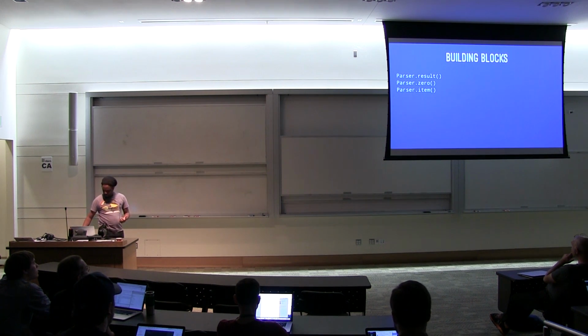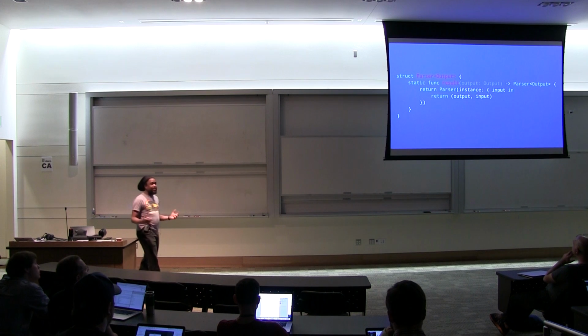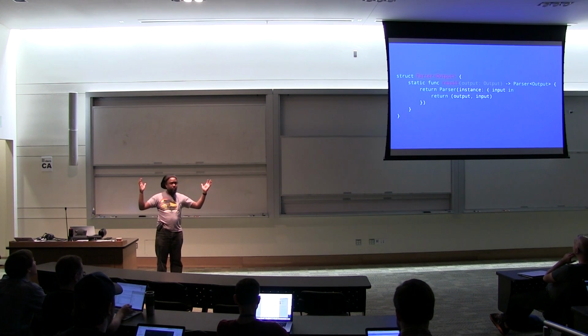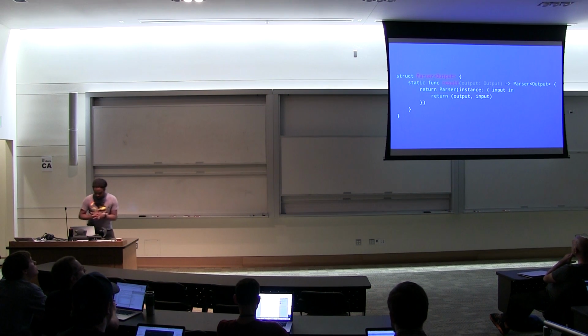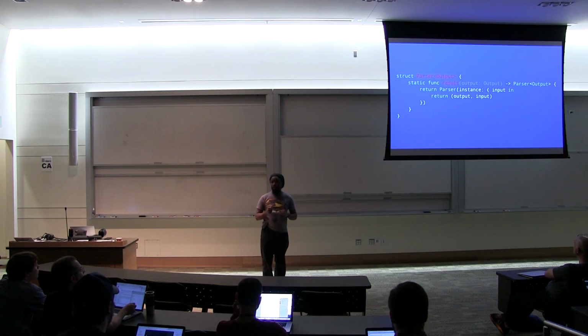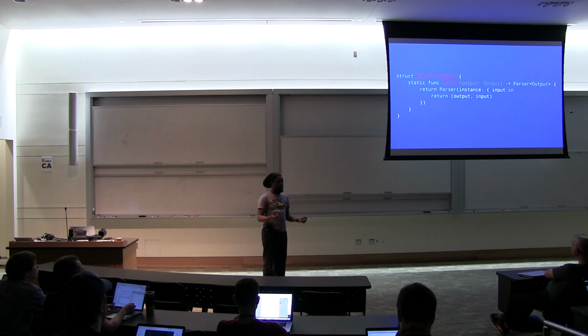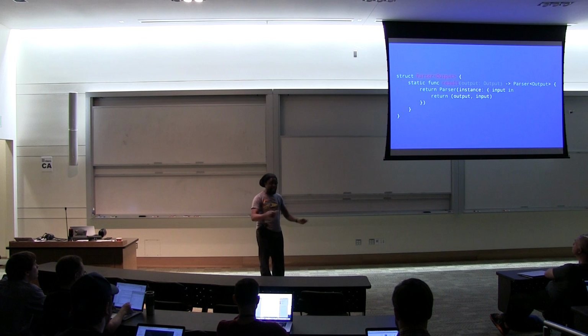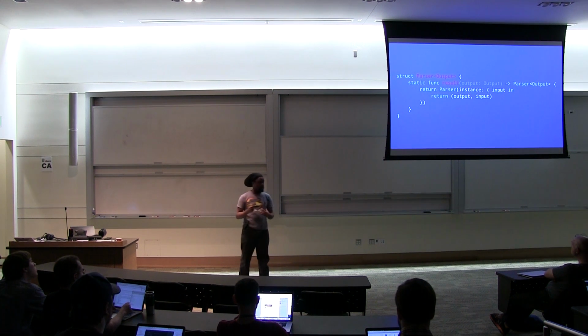So let's start with result. Result is like, yay, we found it. I'm not going to consume any of the string. What I'm going to do is say, you tell me what to return when you call me, and then whenever you call me, I'll give that back to you, along with the string that is handed to me.